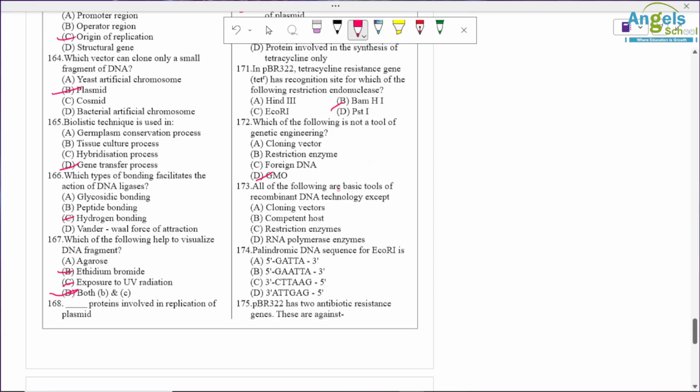All the following are basic tools for recombinant DNA technology except: the cloning vector, the host, and restriction enzymes are tools, but RNA polymerase enzyme is not required. The palindromic DNA sequence of EcoRI is 5' to 3' GAATTC, so option C is correct.